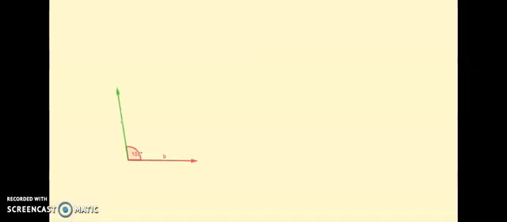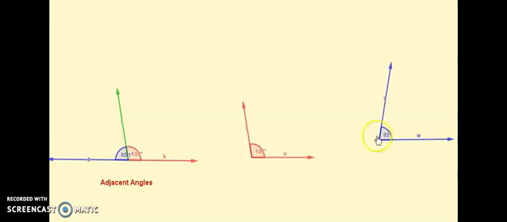Now let us see another pair. This is one angle. This is another angle. Again, it has a common vertex and a common arm, so these are adjacent angles as we discussed. And the angles that do not have anything in common, either the vertex or the arm, are called non-adjacent angles.